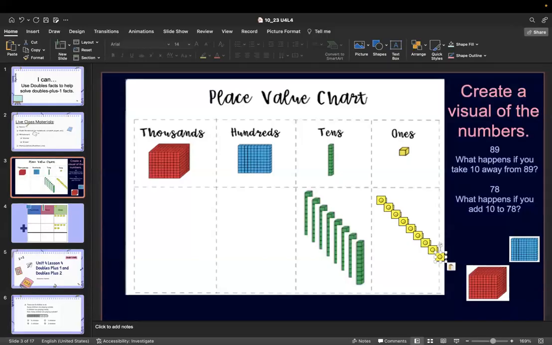Okay, so I went in and I made 8 10s and 9 1s to signify 89. Now, what happens if you take away, you subtract 10? Let's see what happens. So I'm going to subtract this 10. Let's count again. 10, 20, 30, 40, 50, 60, 70.